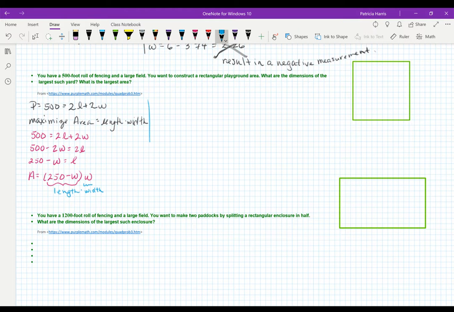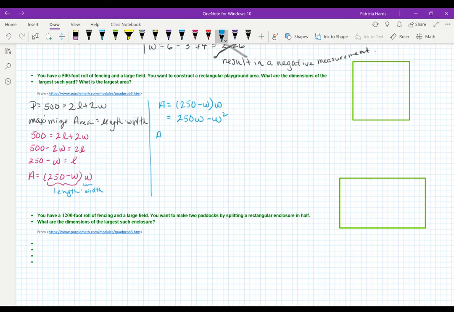If I distribute that W, I get 250W minus W squared. That's a little bit backwards from what we're used to.